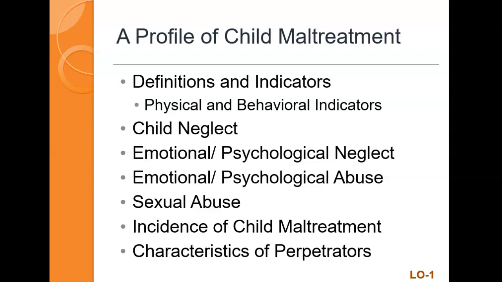Sometimes children who are maltreated require special education services. Sometimes they score lower on standardized tests and may exhibit what may appear to be learning disabilities, and oftentimes need to repeat grades because of child maltreatment.